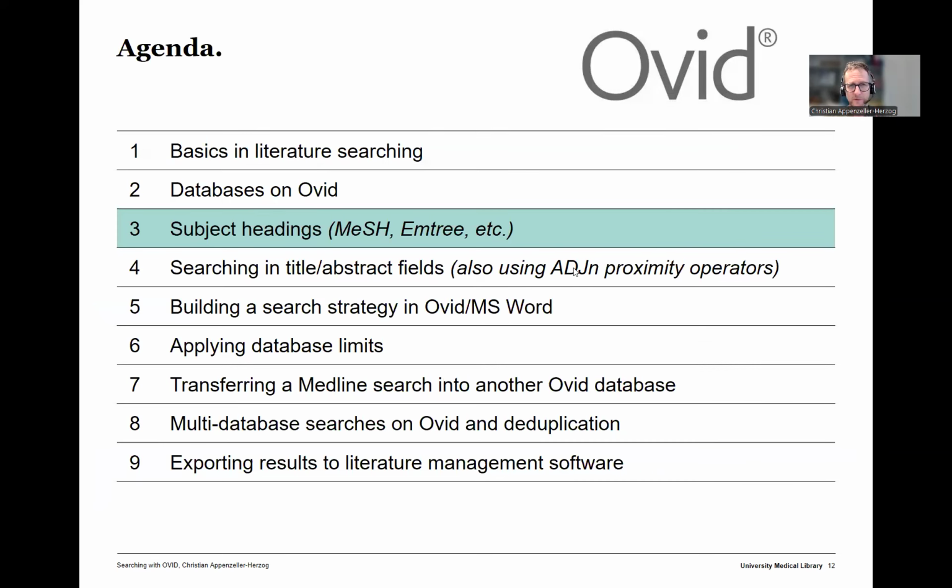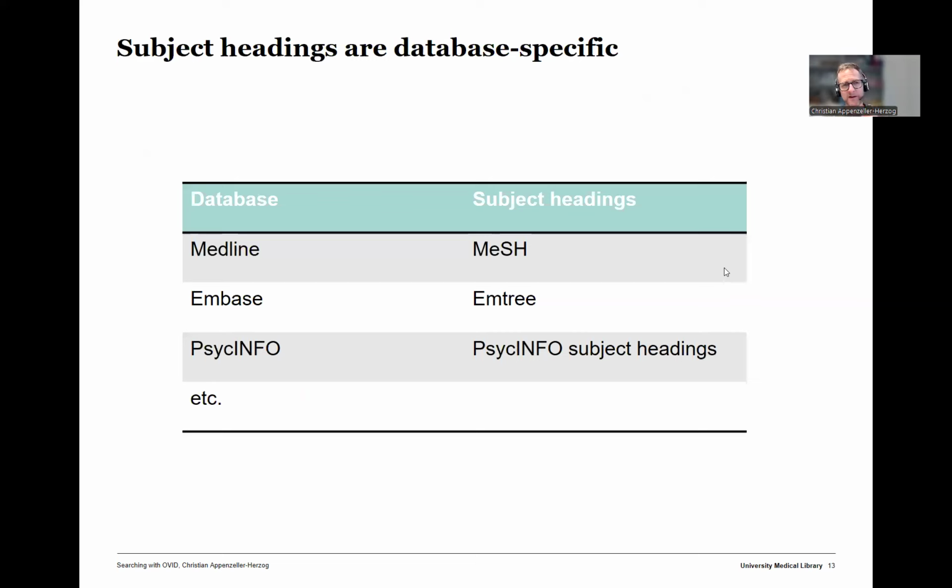And with this, I turn to subject headings. So subject headings are by definition database specific. So Medline has its famous MeSH terms that you probably have heard of. Embase does not use MeSH terms, but Embase uses the so-called Emtree thesaurus, or the Emtree subject headings. And PsycInfo subject headings are called like this.